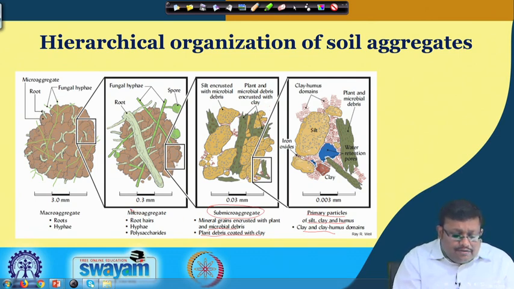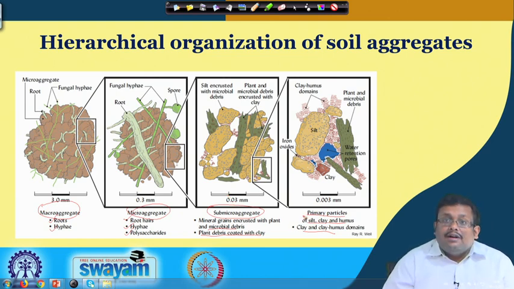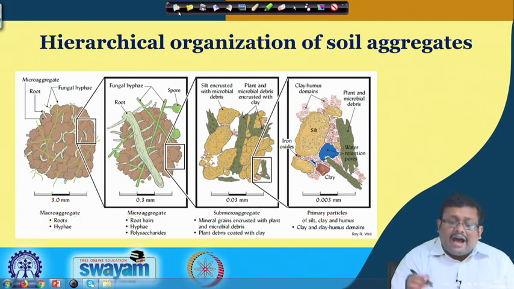In the third step, it will form micro aggregates, and in the micro aggregates you will see root hairs, hyphae and polysaccharides acting as cementing agents, and finally you will see macro aggregates. The micro aggregates form the macro aggregates by interconnection of roots and hyphae. So, from primary particles to macro aggregates, different types of binding agents are responsible, and that shows the hierarchical organization of primary soil particles to form a macro aggregate.